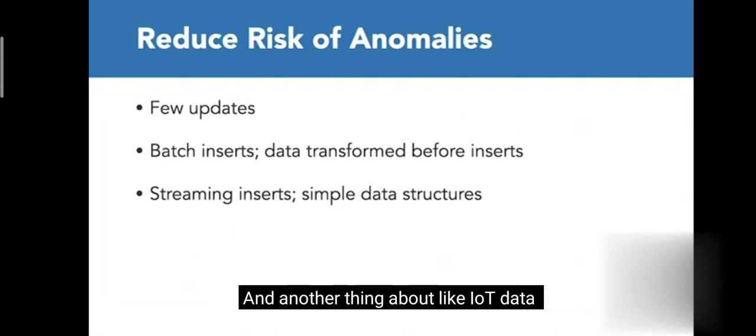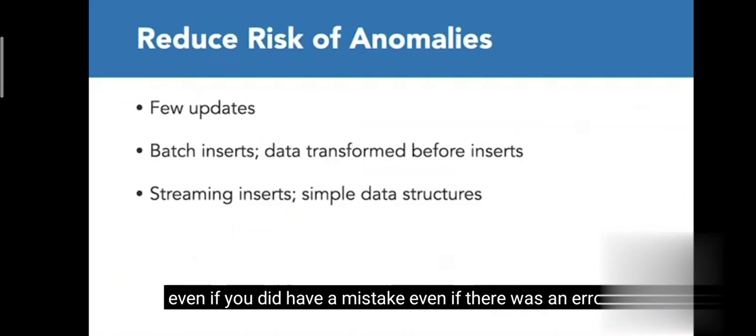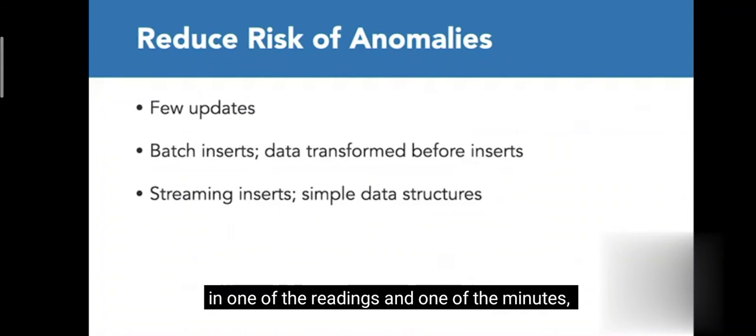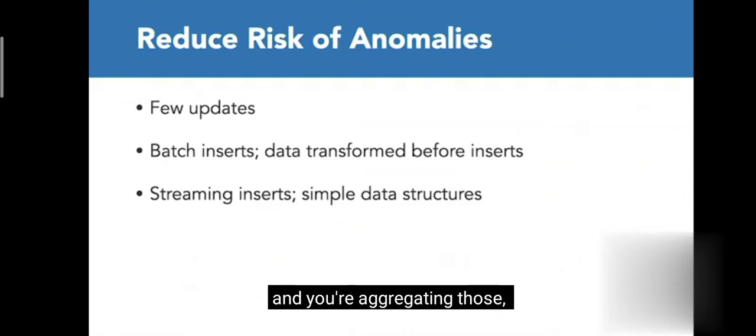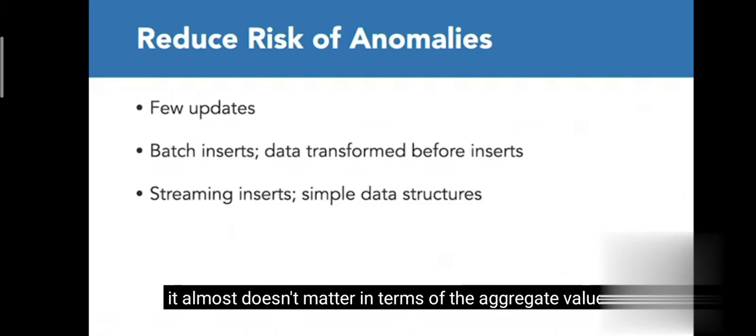Another thing about IoT data is that it's typically used in the aggregate. Even if there was an error in one of the readings in one of the minutes, if you're getting 60 readings per hour and you're aggregating those, it almost doesn't matter in terms of the aggregate values.